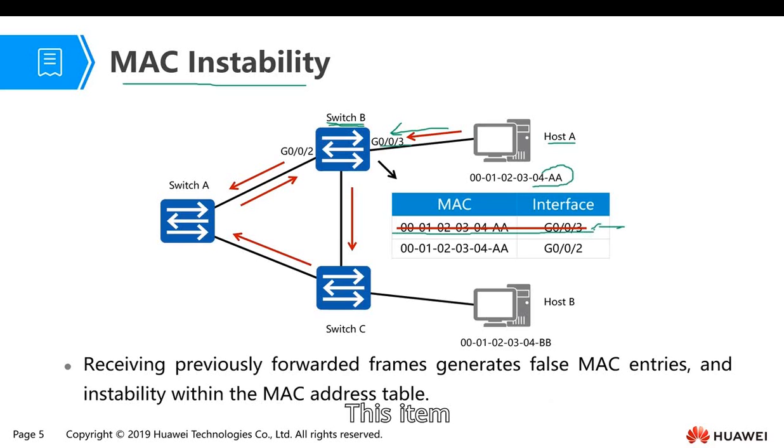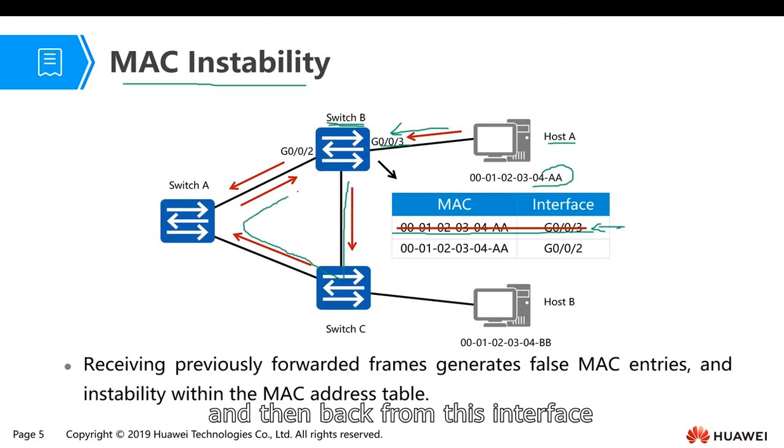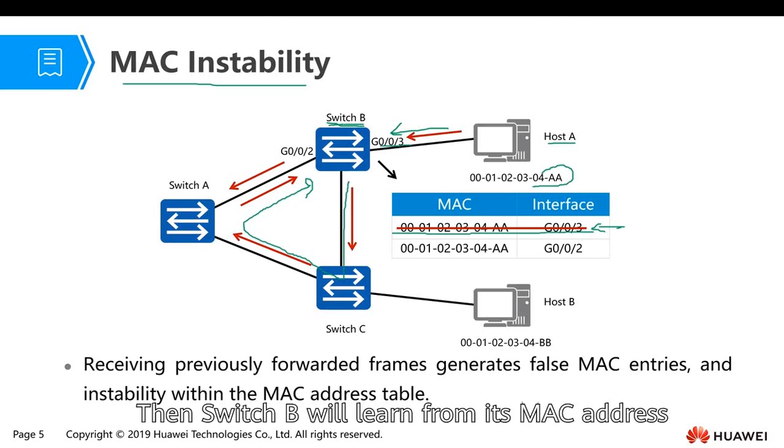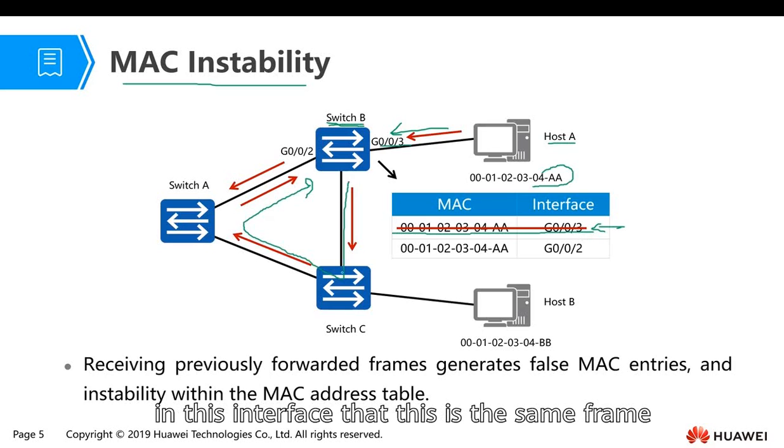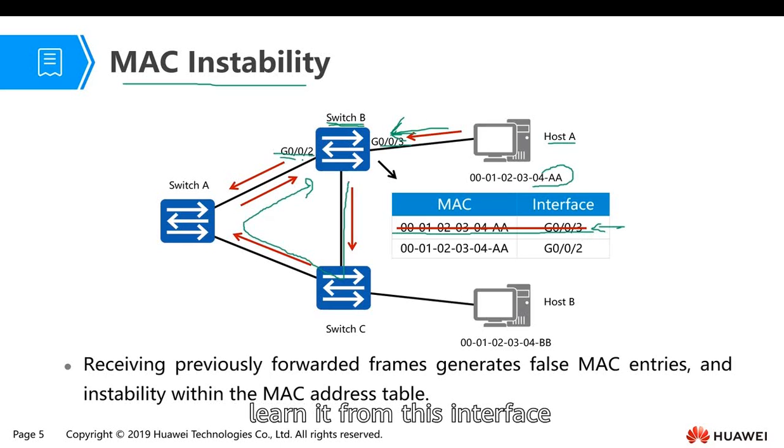Then the broadcast is sent out and comes back from this interface. Switch B then learns the source MAC address from the same frame on this interface. So the previous item is wrong now. This item is deleted, and a new item is added into the MAC address table.